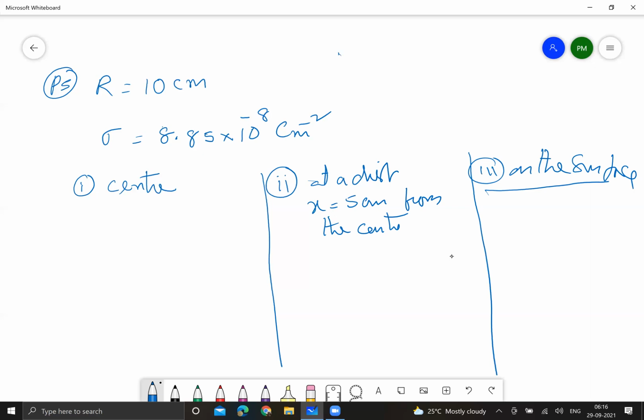Fourth, at x is equal to 20 centimeters. If the given sphere is A, conducting, B, dielectric.